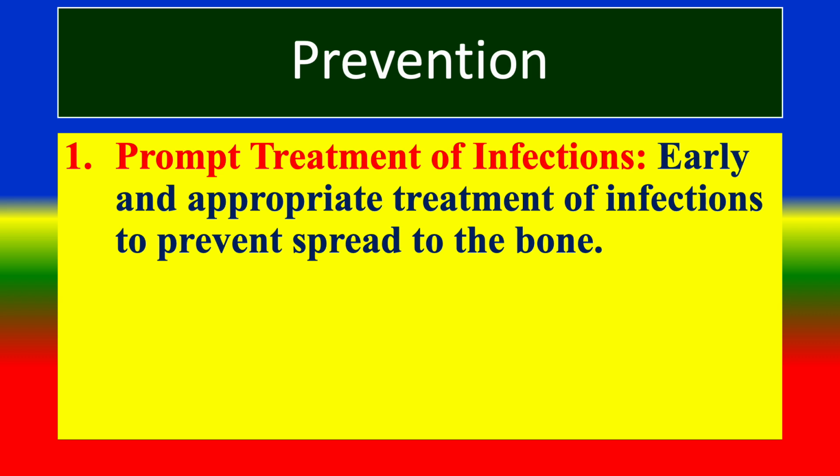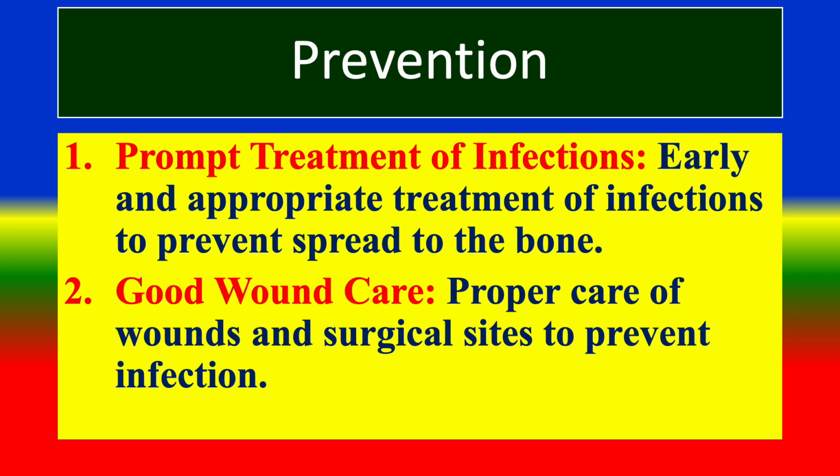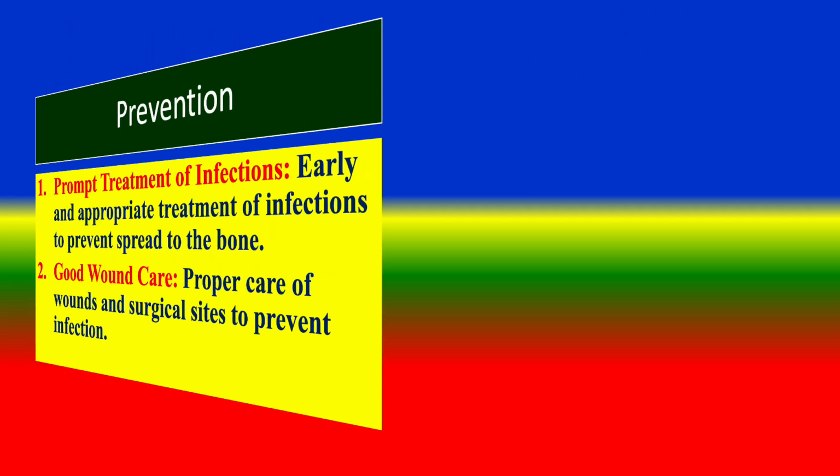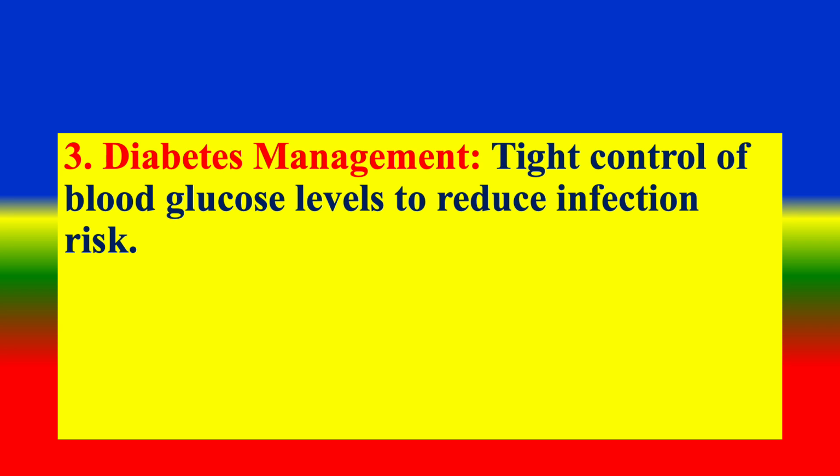Prevention. 1. Prompt treatment of infection. Early and appropriate treatment of infection to prevent spread to the bone. 2. Good wound care. Proper care of wounds and surgical sites to prevent infection. 3.